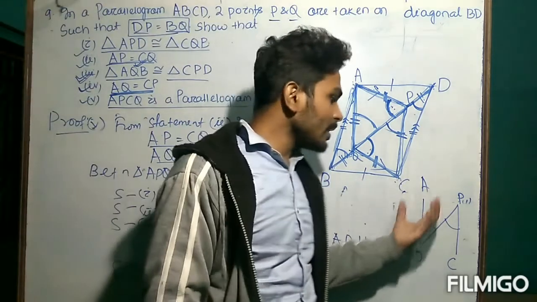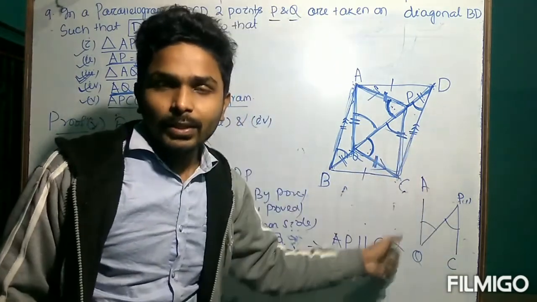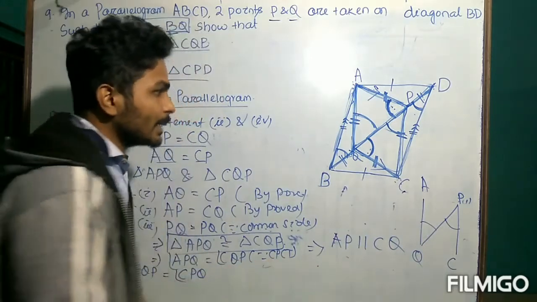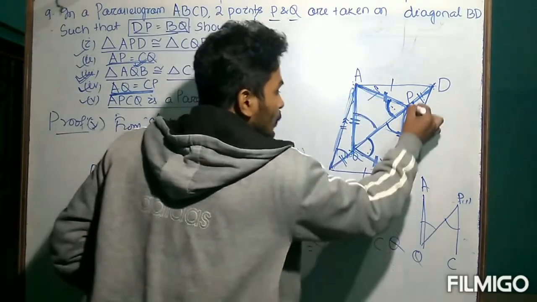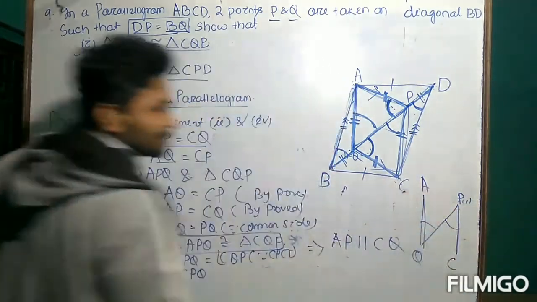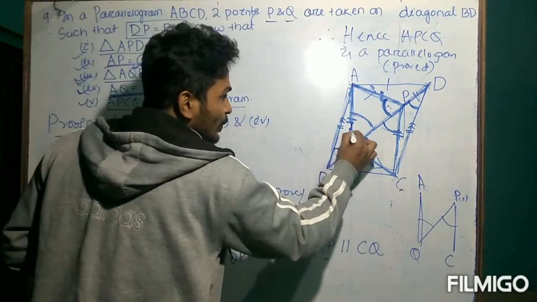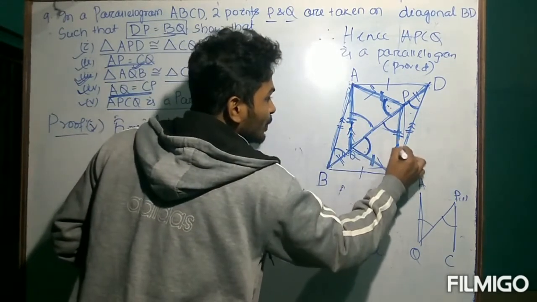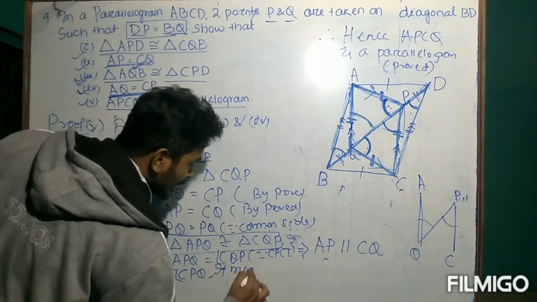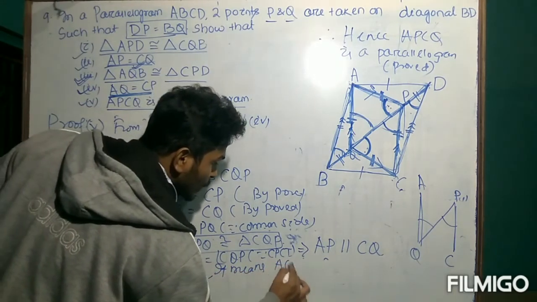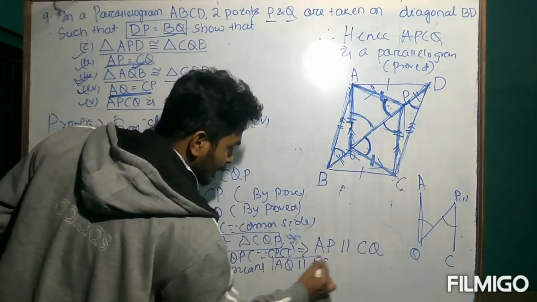And if any two alternate angles are equal, then the two lines must be parallel. It means this line AQ must be parallel to PC. So what we can write? We can write AQ is parallel to PC, right? So it means AQ is parallel to what? PC. Understood?